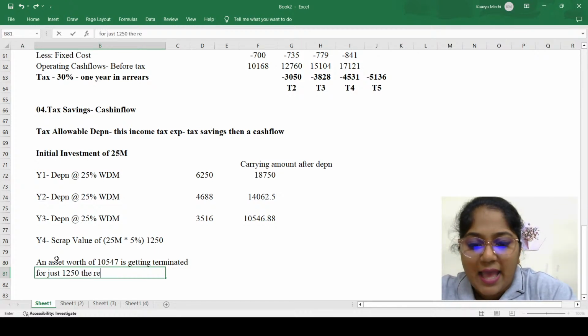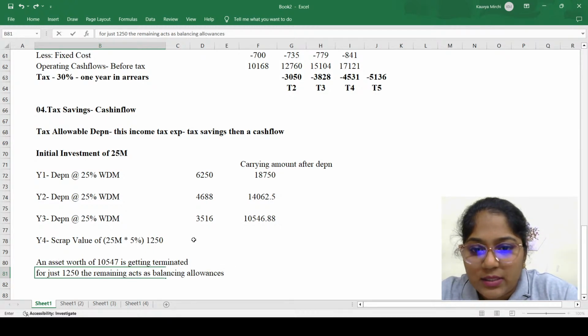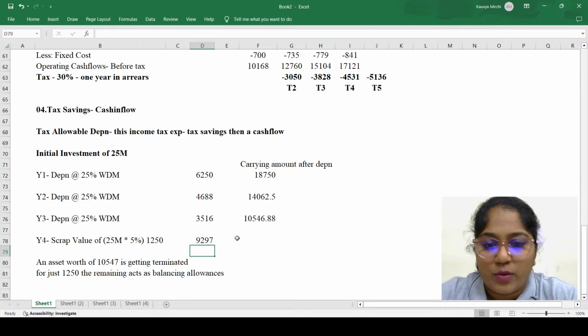The remaining acts as balancing allowances. Acts as what? Balancing allowances. How much that would be, people? That would be nothing but this value minus 1,250 would be the balancing allowances that you can expect.